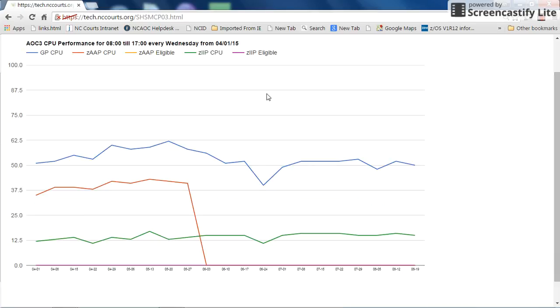Okay, here we have a dynamic graph of our CPU over the last couple of months, every Wednesday. You can see when we put the new processor in, all of our zap work rolled down into our zips. We got more engines. We're running the zip and zap together using zap on zip option, and hardly changed the trend line from what it was before.